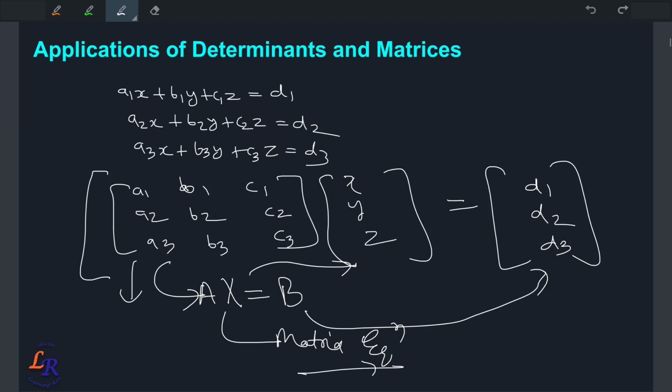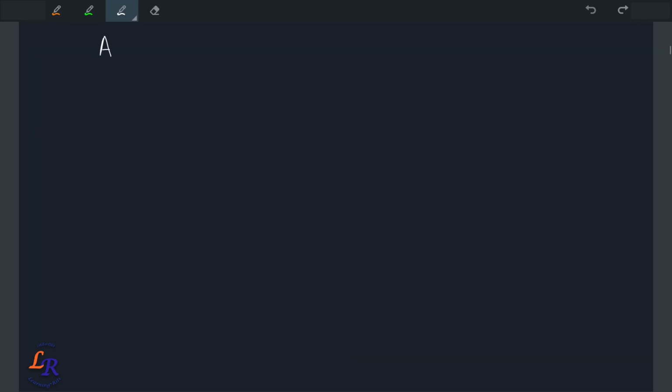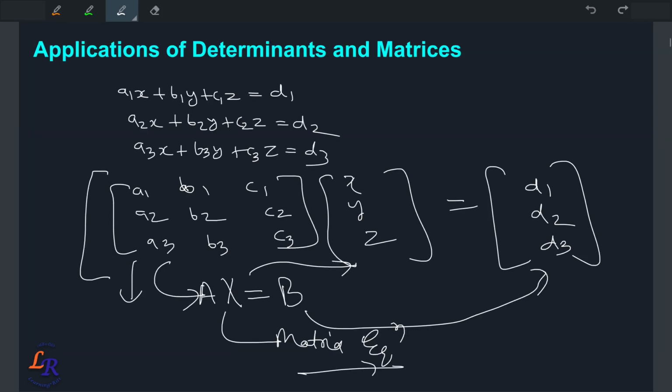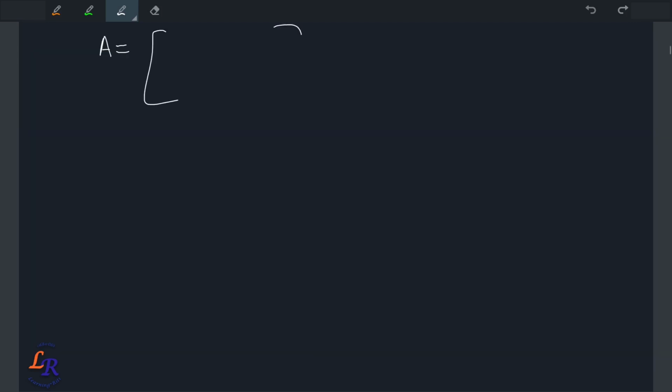One is that, let's say, the A we got from this is a1 b1 c1, a2 b2 c2, a3 b3 c3. This is the determining matrix.